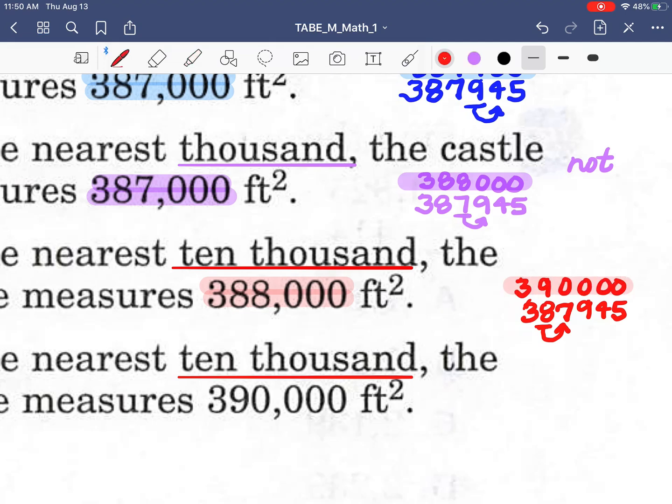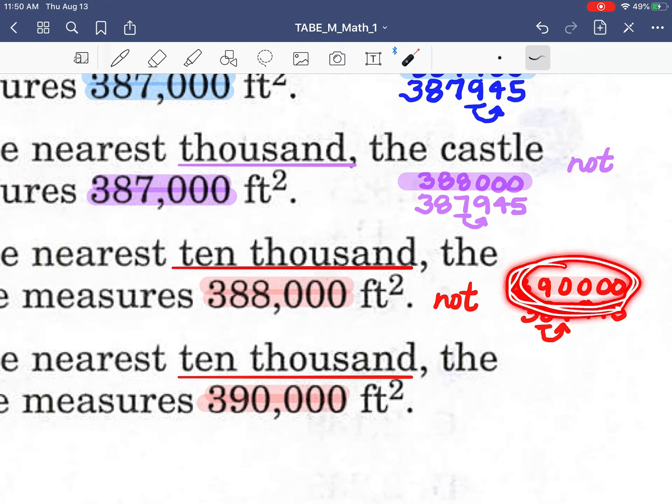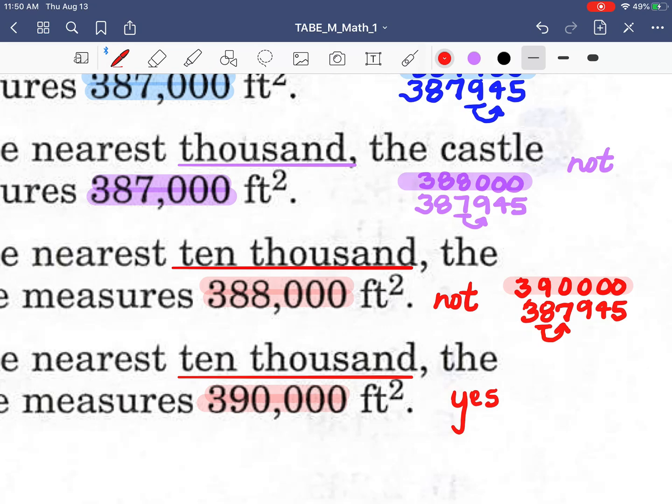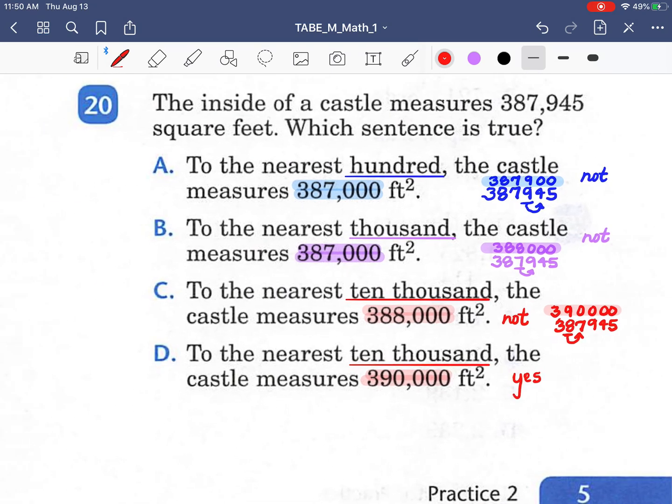Do they match? No. But this one is also to the 10,000, so let's compare this number to this number that we just found. Do they match? Yes. Here's the yes. So the answer to number 20 is D.